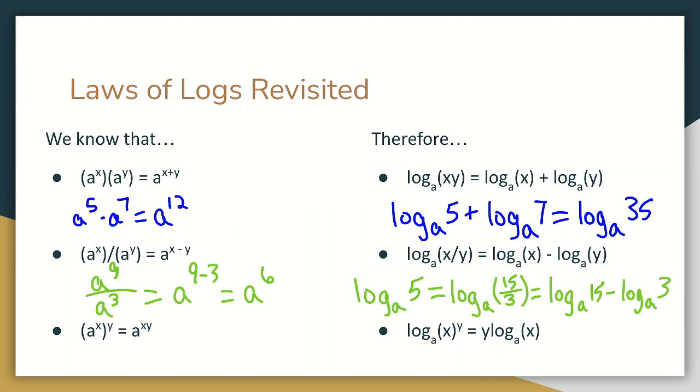I'm going to do something similar on the next one for the exponentials. A to the 8th. Well, that 8 is equal to 2 times 4. So this is a to the 2 times 4, which equals a to the 2 to the 4th power.